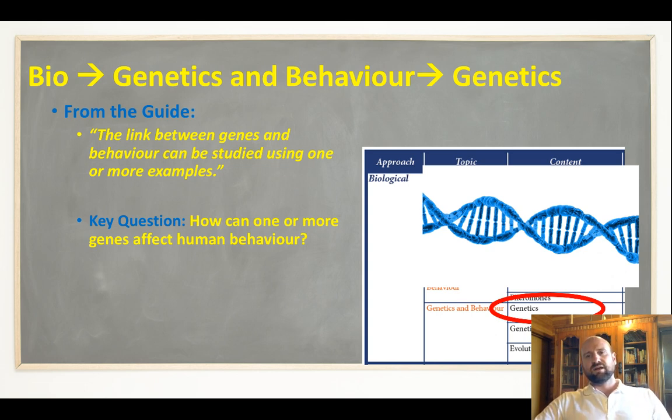Now, unlike hormones and neurotransmitters, where they do say one or more hormones, one or more neurotransmitters, the guide doesn't really say one or more genes, but I think it's beneficial to focus on specific genes. I think it just makes it easier for students to understand in terms of the rest of the biological approach, and I think it allows for more depth of explanation if you're actually explaining the role of the gene and how it relates to other processes like hormones and neurotransmitters.